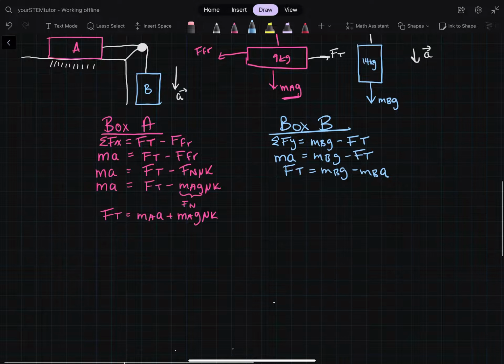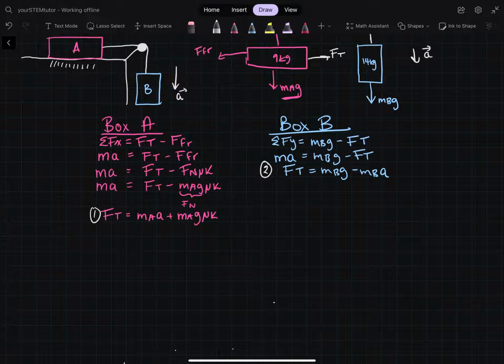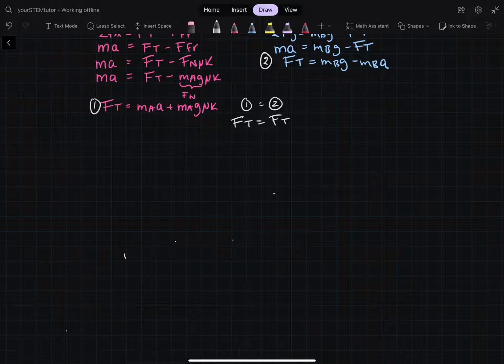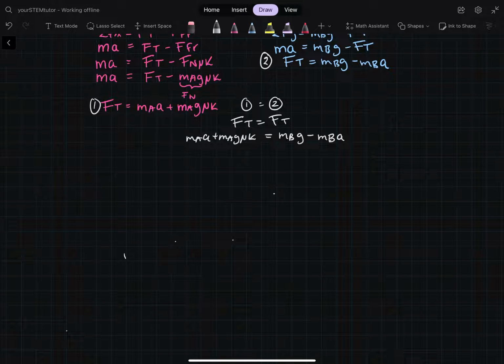So in this case, we have two equations. We have one over here, a second one over here, but we know they share the same tension. So force tension is equal to force tension, or equation 1 is going to be equal to equation 2, basically. So if we rewrite this all together, we have m_A acceleration plus m_A gravity mu_k is equal to m_B gravity minus m_B acceleration.